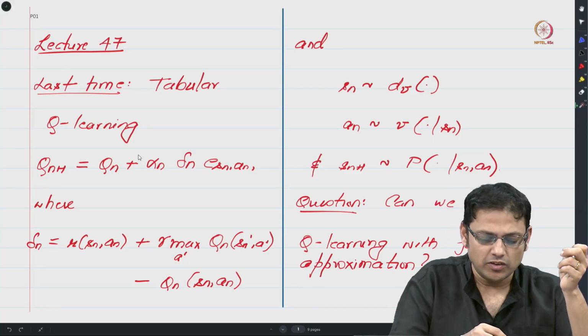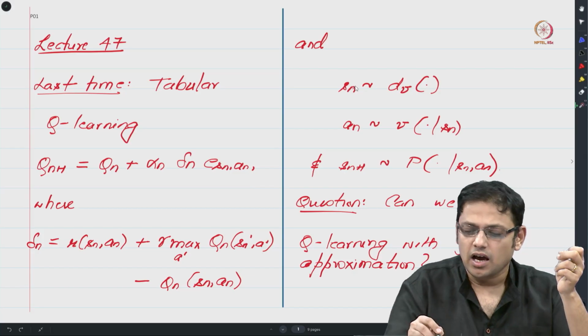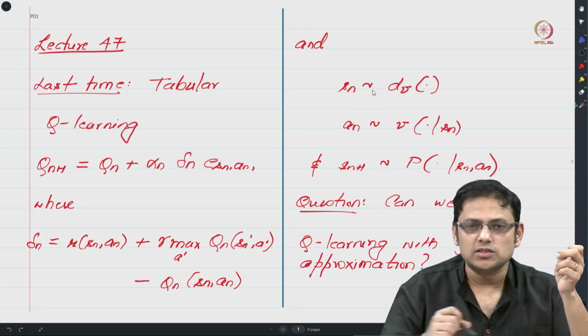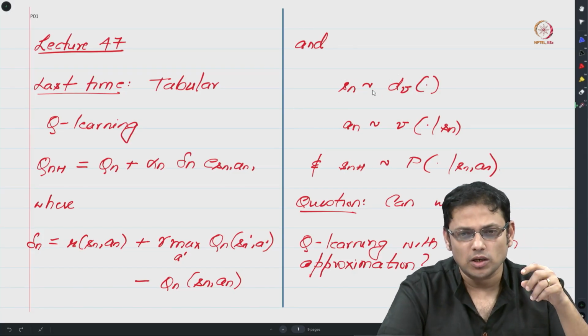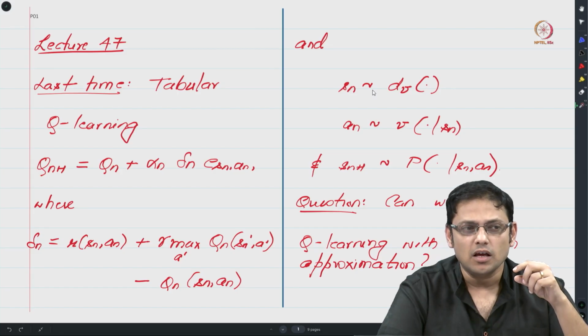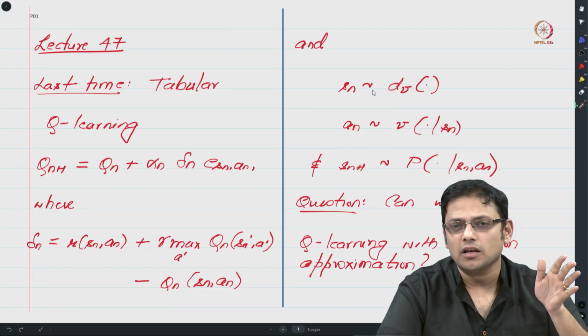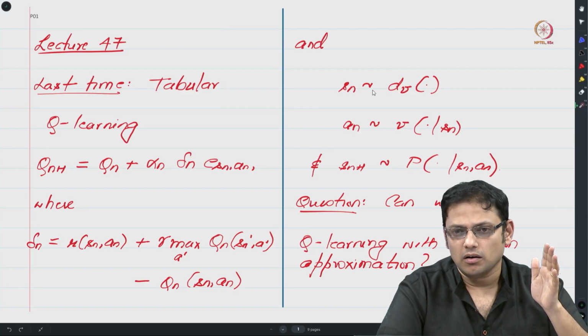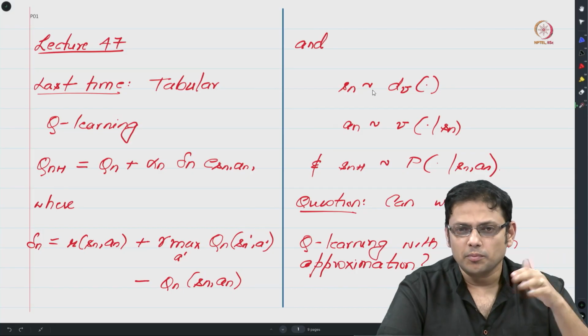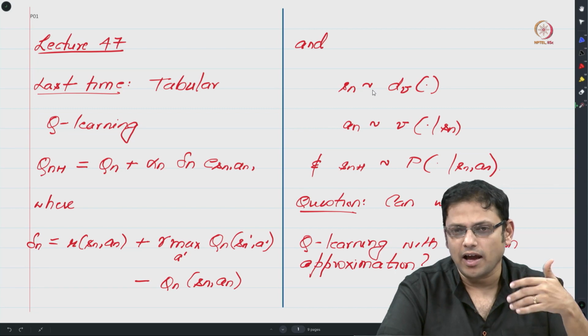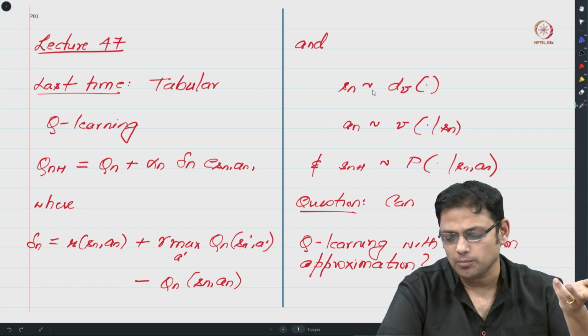And we had emphasized that these Sn's are chosen from the stationary distribution associated with some behavior policy. The word behavior policy means that we interact with the environment using some policy, right, and that policy could be very different from your optimal policy. So the behavior policy is one with which we interact with the environment, and we are forced to do that because we do not know the optimal policy, right.